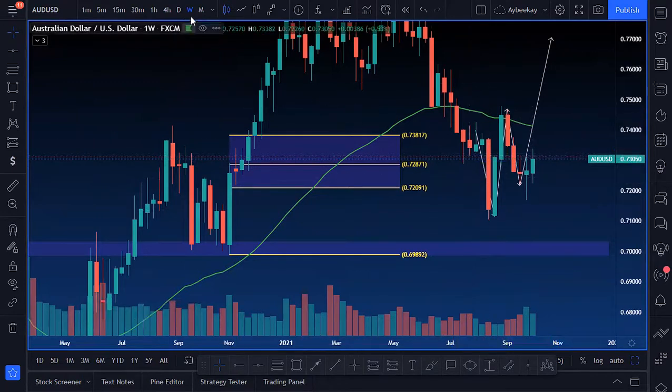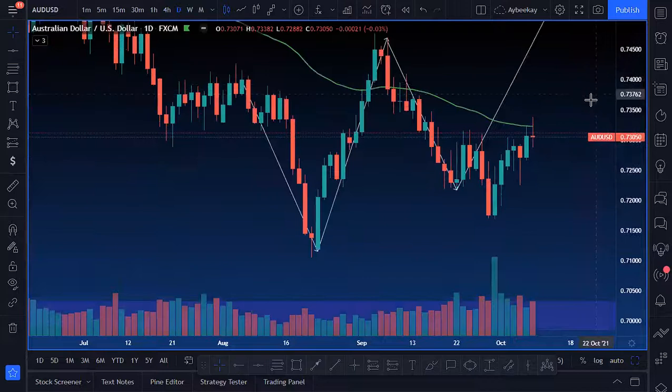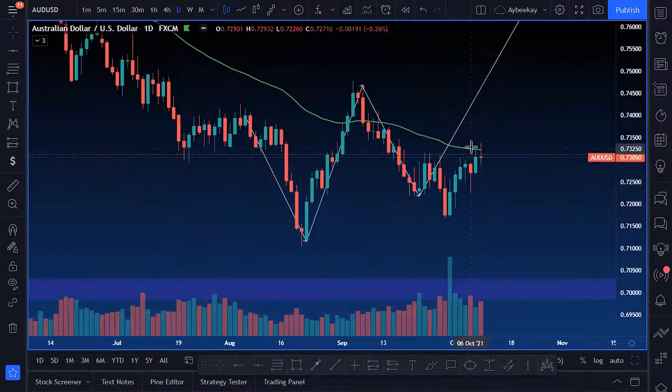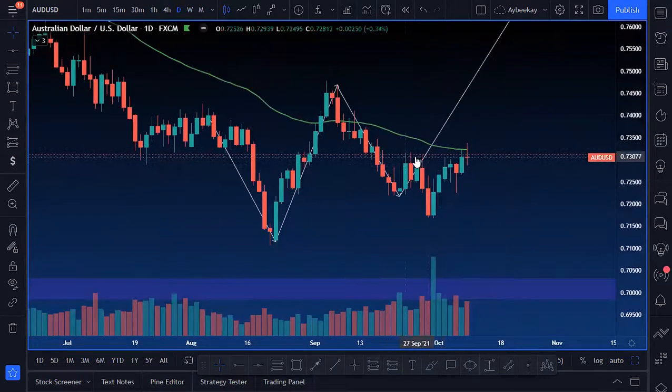Because again, just like the DXY, it looks like it could potentially fall. This also looks like on AUD/USD that it could just hold right here. Just think about it on the daily time frame.